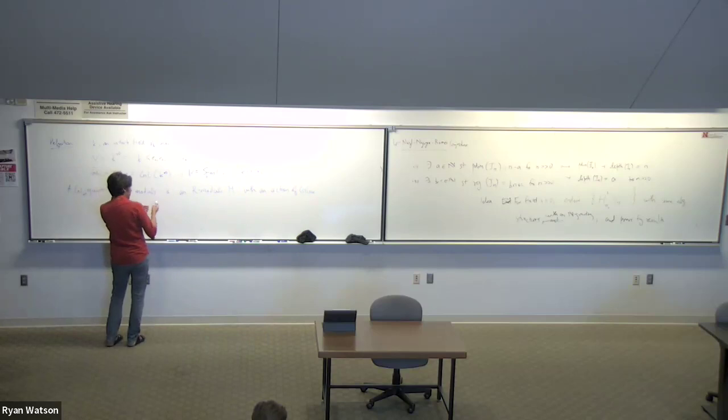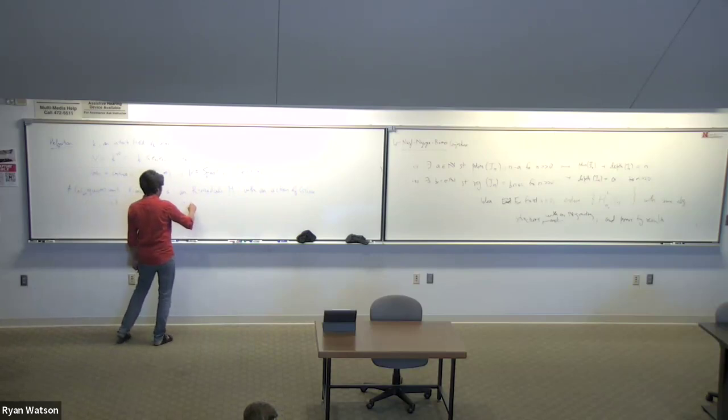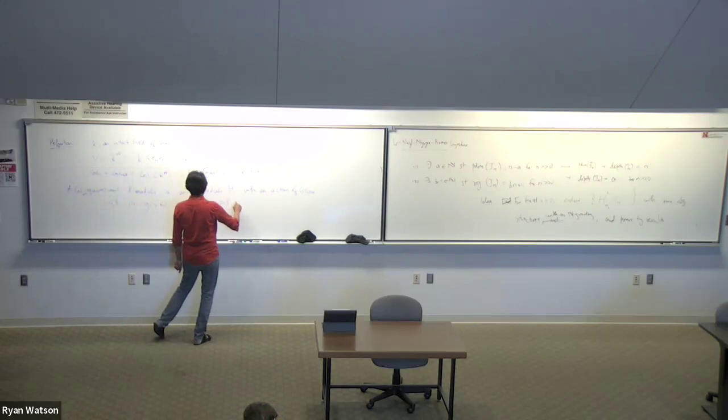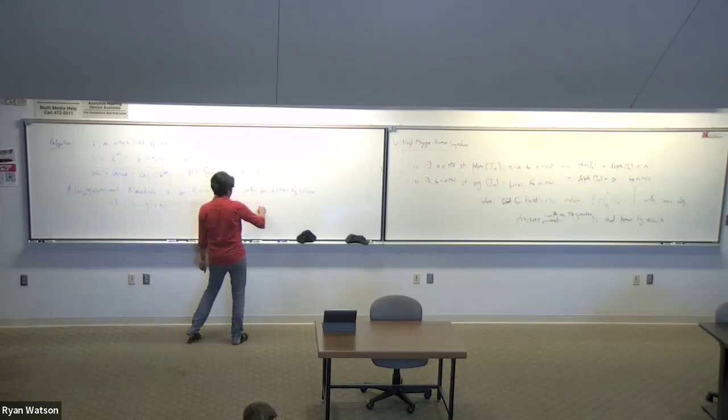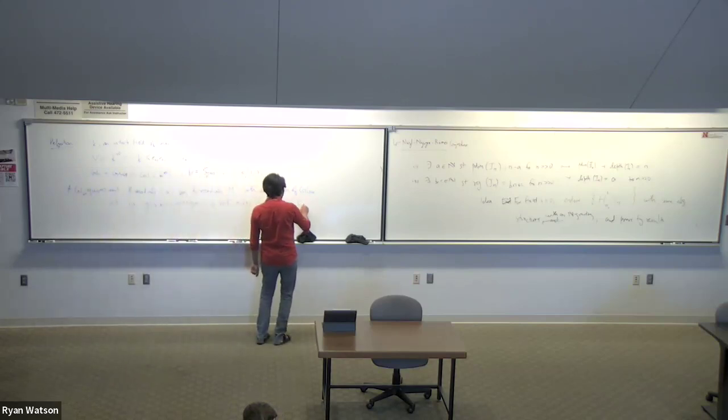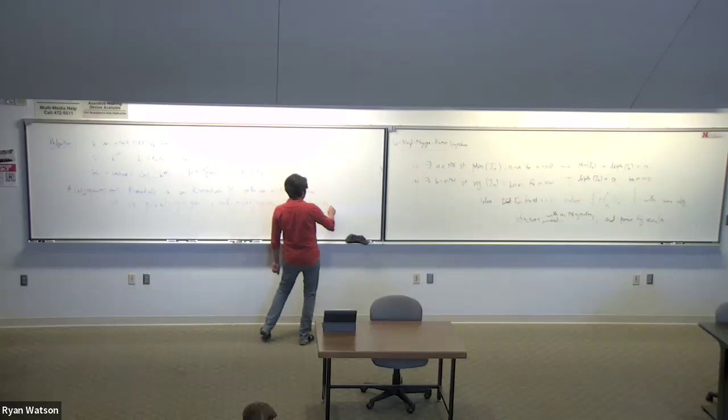One is some kind of compatibility between all the actions: g of rm is g of r times g of m, for all r in R, m in M, g in GL. I mean, this is just saying that the multiplication map R tensor M to M is GL equivariant.